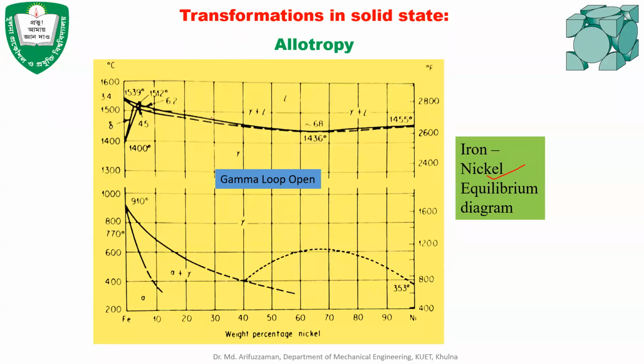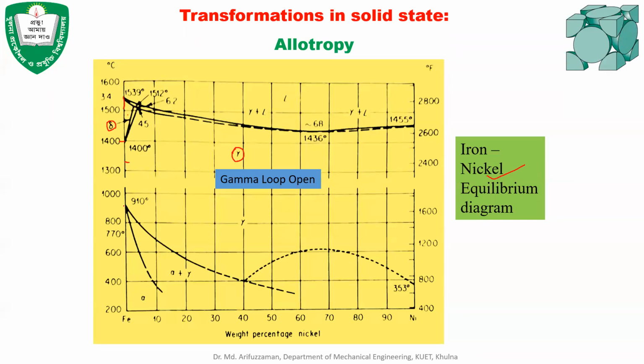That means once the solidification is complete, if you look at the pure metal iron, in this region, the delta structure is produced, and below this 1400 degrees Celsius temperature, the structure is gamma, okay, which is face-centered cubic. The delta is body-centered cubic, and then it is converted into face-centered cubic.